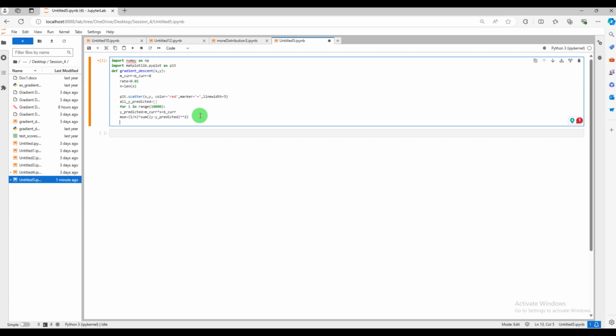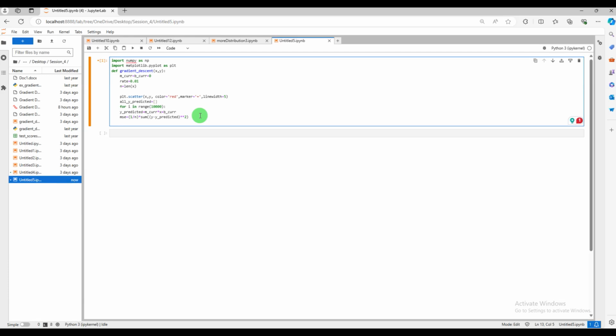Enter. After define MSE, we need to check if the current iteration number i is a multiply of 100. Print the current iteration number, slope, intercept, and MSE for debugging purposes, and also print the predicted y value for debugging purpose.